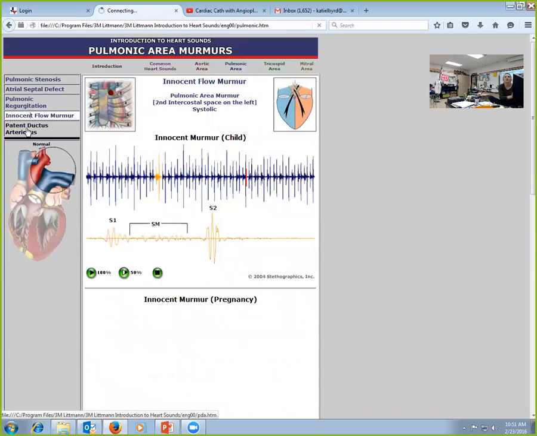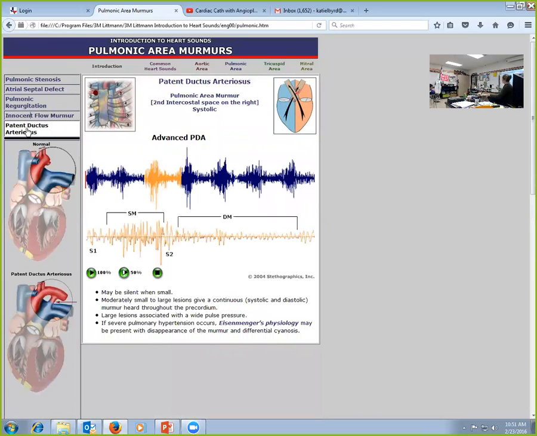And then this one, okay, a PDA, patent ductus arteriosus, not public display of affection, is another opening, kind of like we talked about with the septal defect. The difference is that a PDA occurs between the pulmonary artery and the aorta.